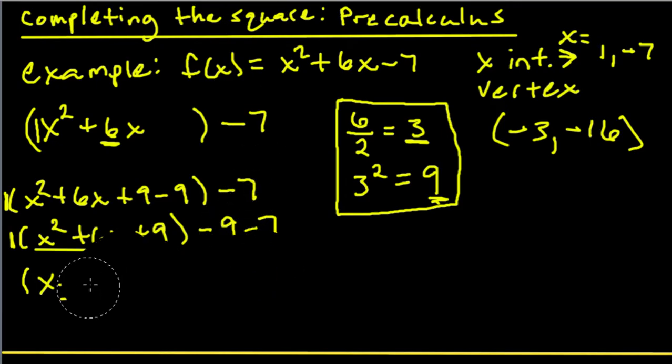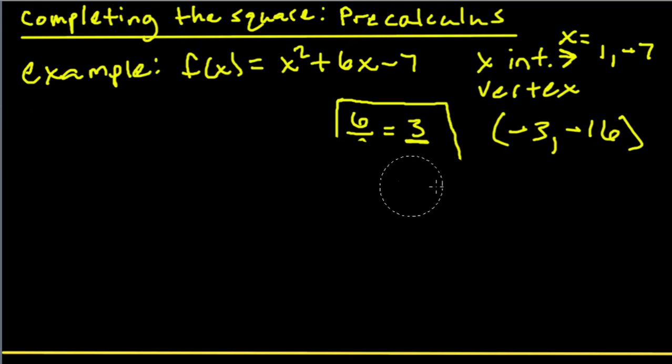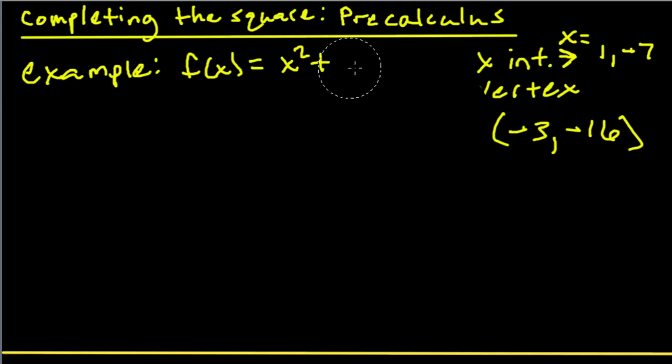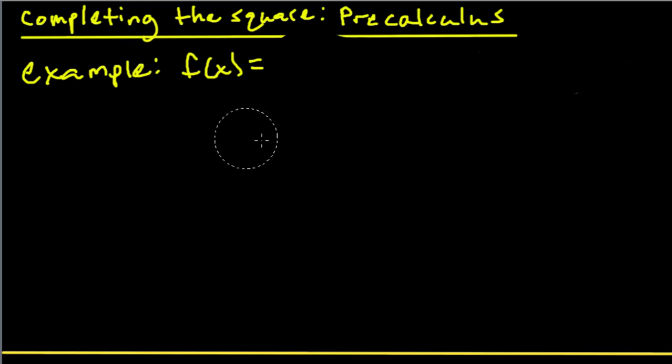Let's go through another example that's a little harder. Let's say we have 2x squared minus 4x minus 2. We do the same thing as last time.